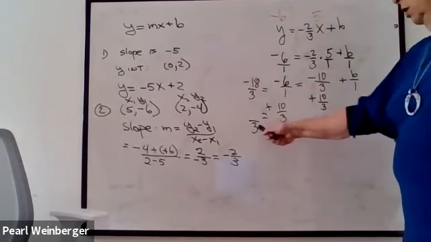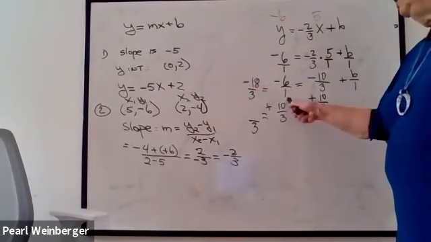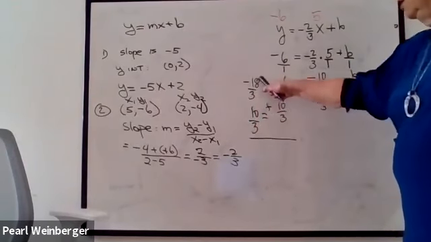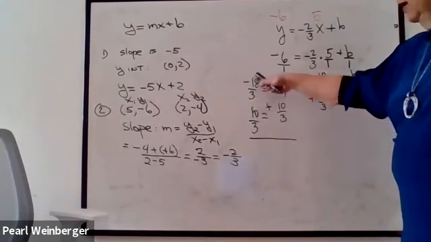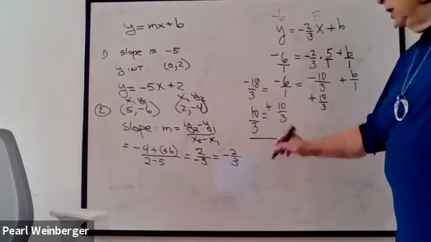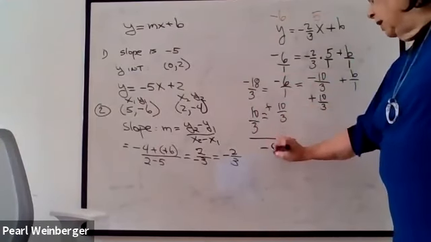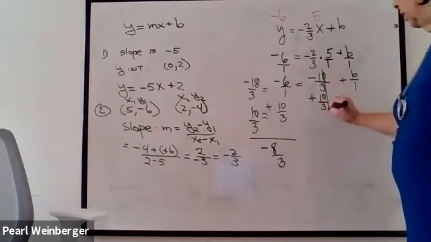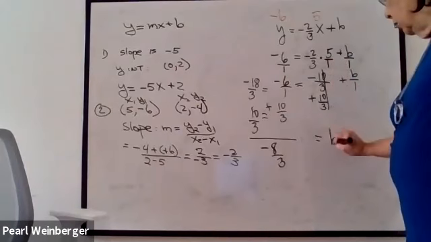Over here, 3 into 3 is 1. 1 times 10 is 10. So when I add these two fractions, I get negative 18 over 3 plus 10 over 3 is negative 8 over 3. That's what my b is equal to.